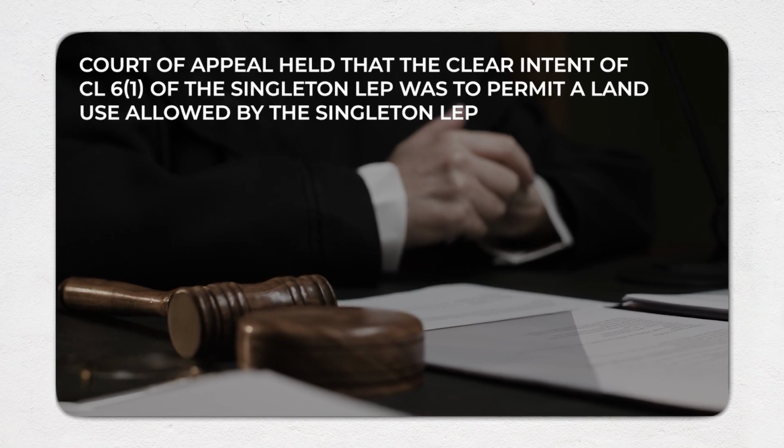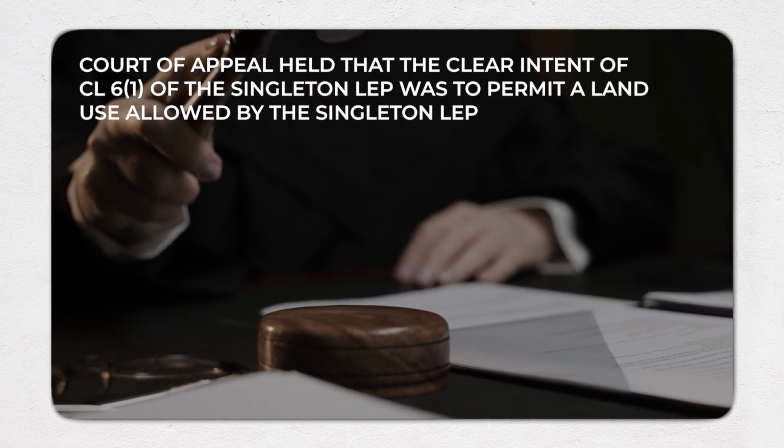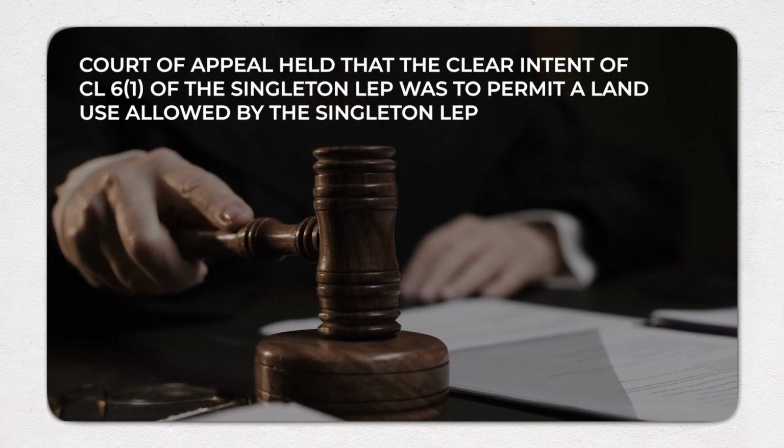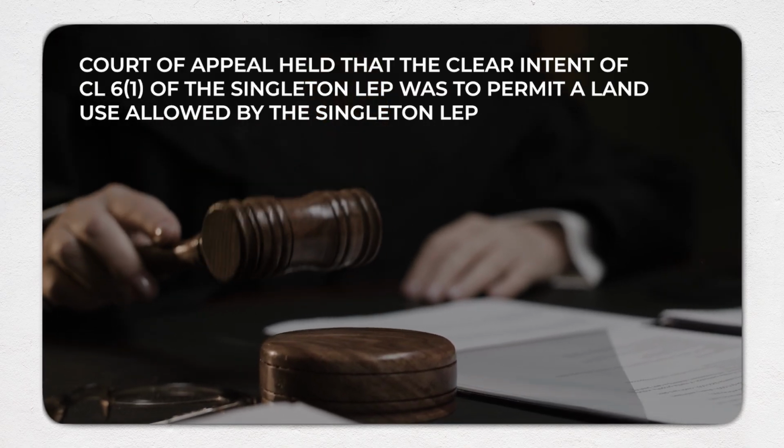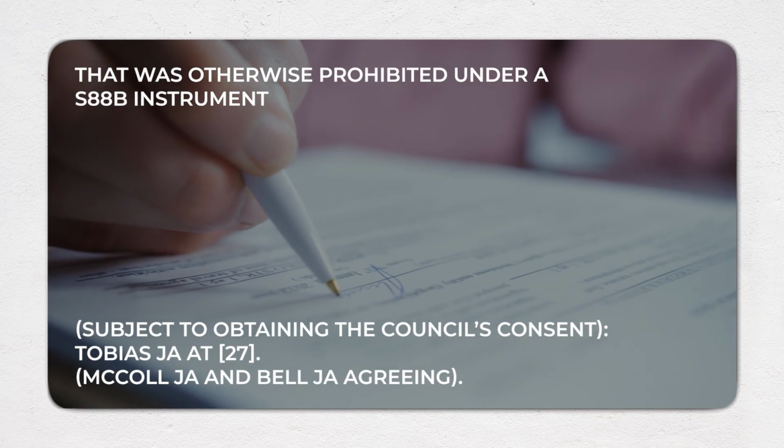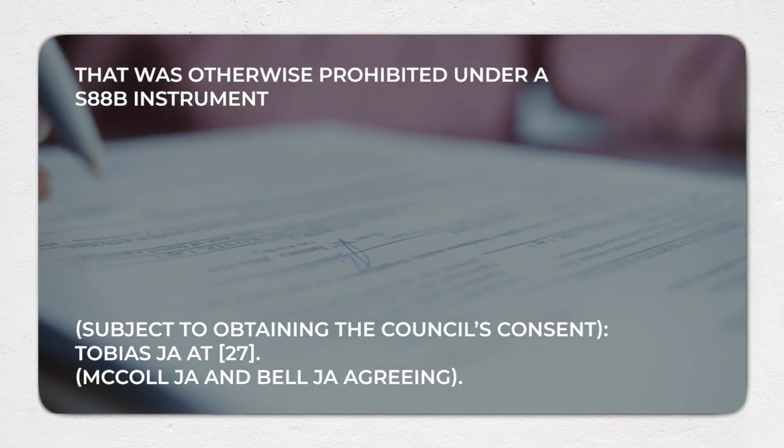Justice Tobias in the Court of Appeal held that the clear intent of Section 6.1 of the Singleton LEP was to permit a land use that was allowed by the Singleton LEP to occur that was otherwise prohibited by the Section 88B instrument. And so in that circumstance, the Singleton LEP prevailed over the Section 88B instrument and the covenant was set aside.